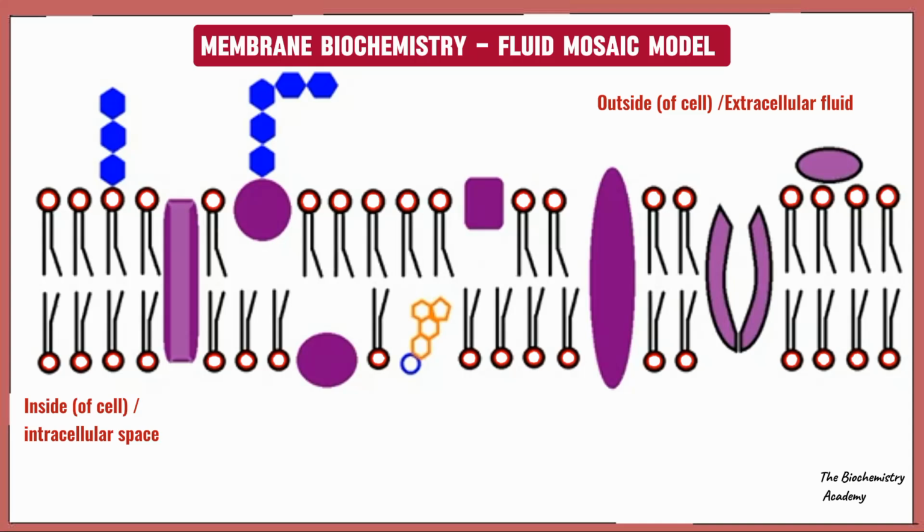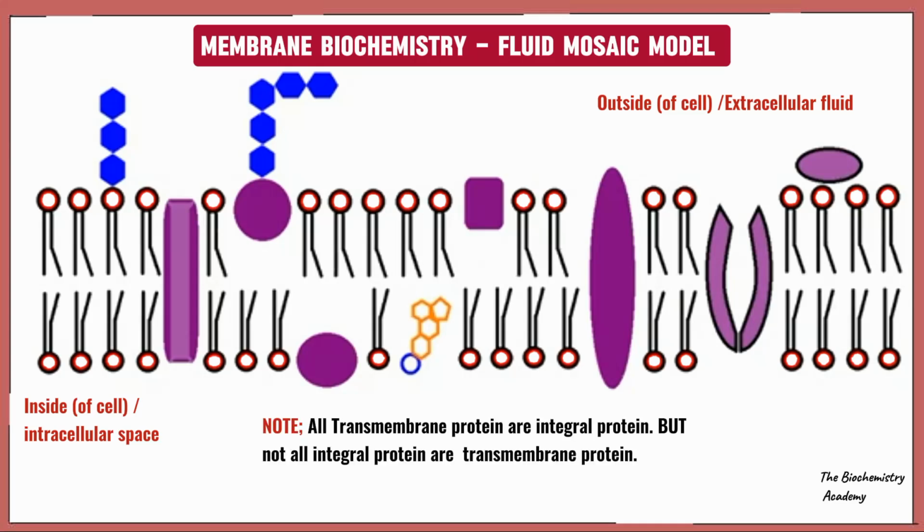The transmembrane protein differs from the integral protein. Now, the transmembrane protein spans across the membrane, meaning that part of the protein is outside the membrane and the other part is inside the membrane, while the integral protein is a protein that is embedded within the membrane.